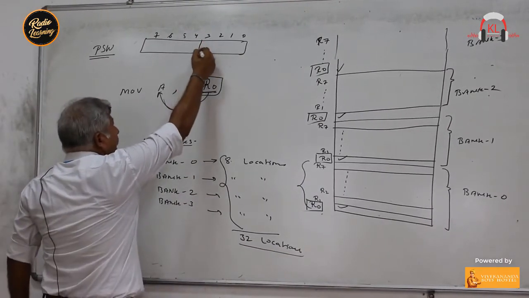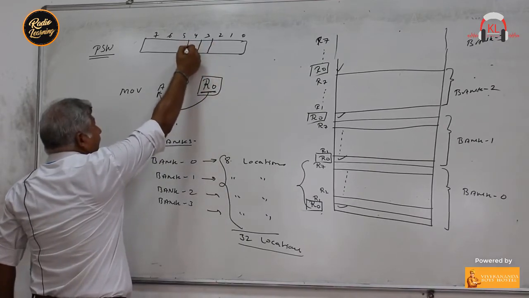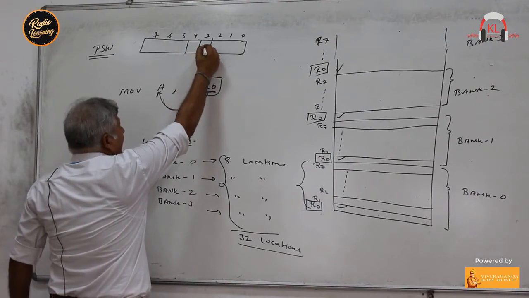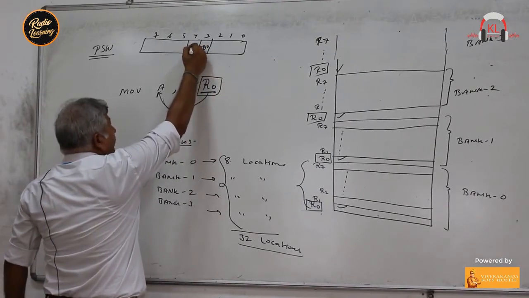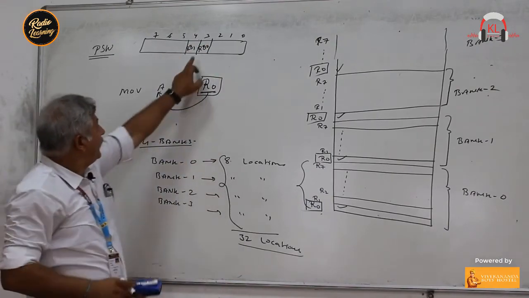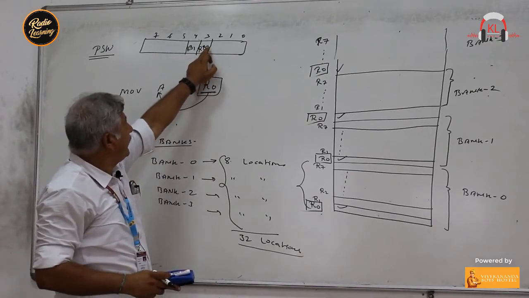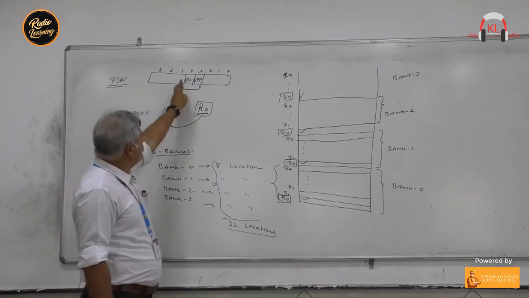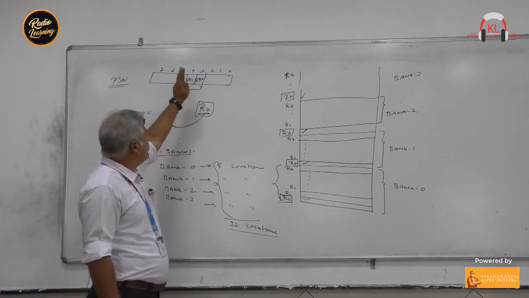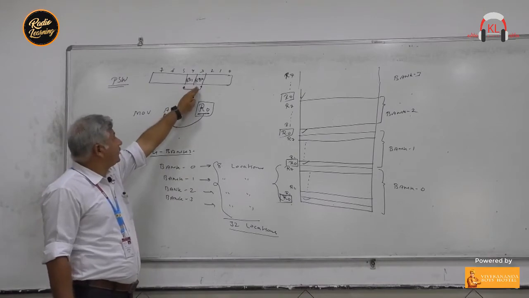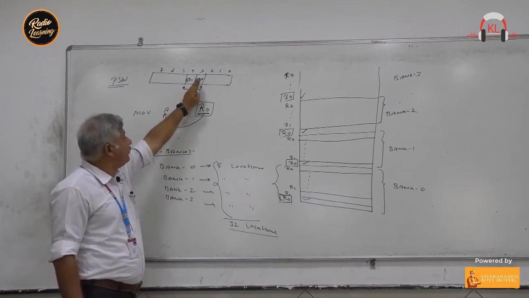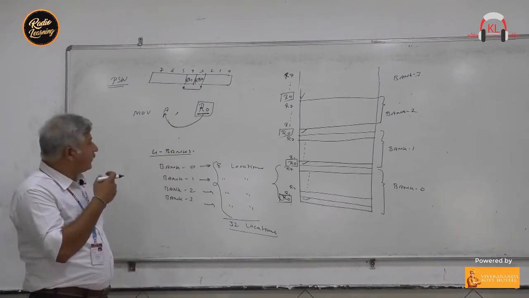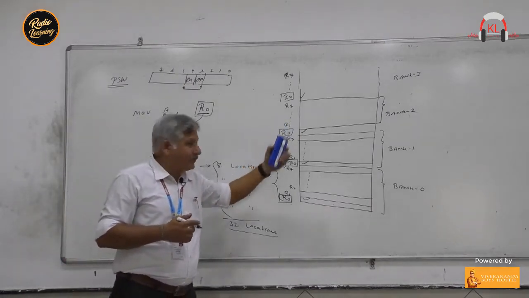In this register, bit number 3 and bit number 4, these two bits, are designated as RB0 and RB1, meaning register bank select bit number 0 and register bank select bit number 1. So these two bits are used to select the banks, right?